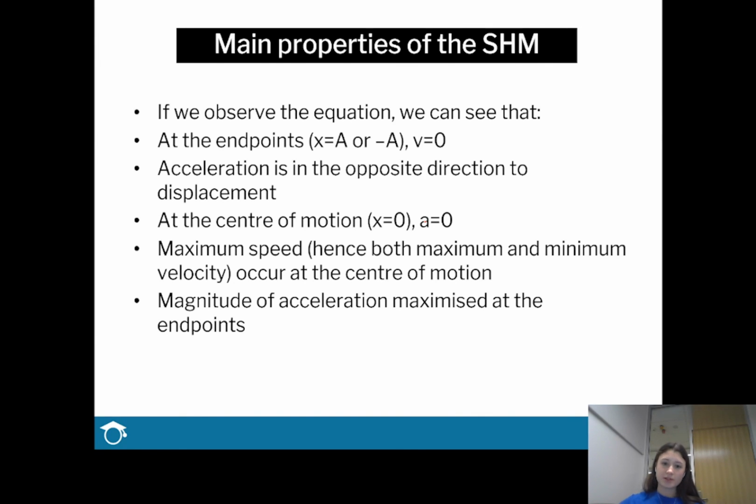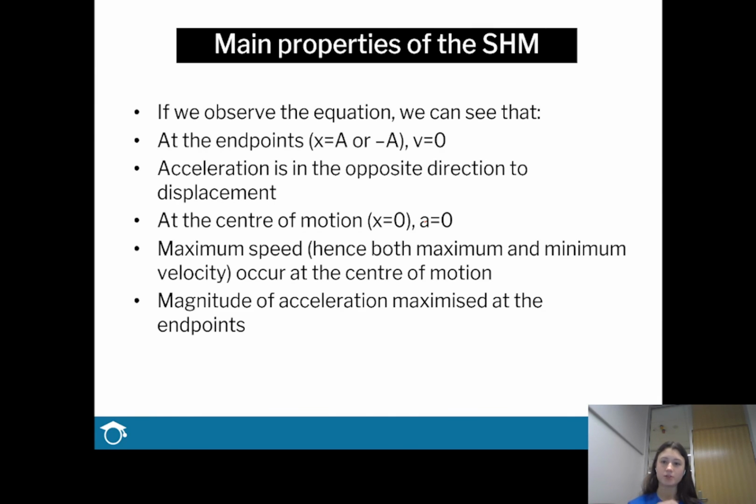The acceleration is in the opposite direction to displacement. And at the center of motion, the displacement is zero. The maximum speed, and therefore maximum and minimum velocity, occur at the center of motion.